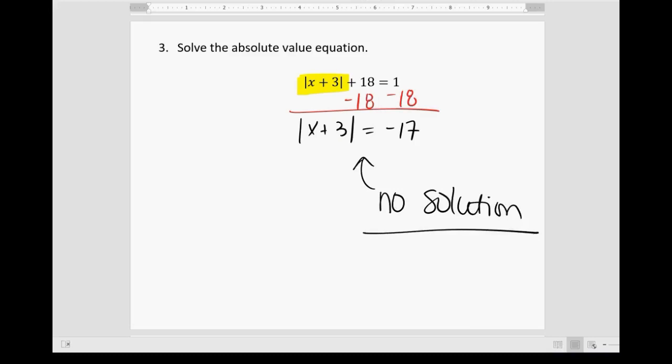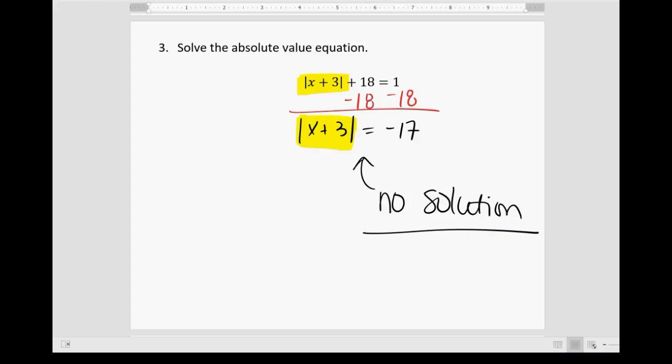And sometimes you have to do a little work before you can determine that. Like in the beginning of the problem, you wouldn't know it's no solution. But once you get that absolute value by itself, which is what we have here, we see that this is saying the absolute value of something equals a negative number. That's a no-no. That's no solution.